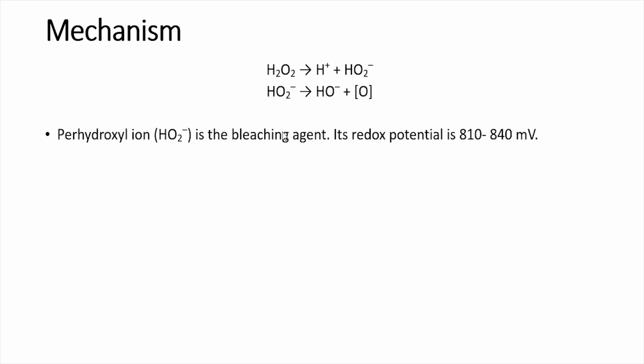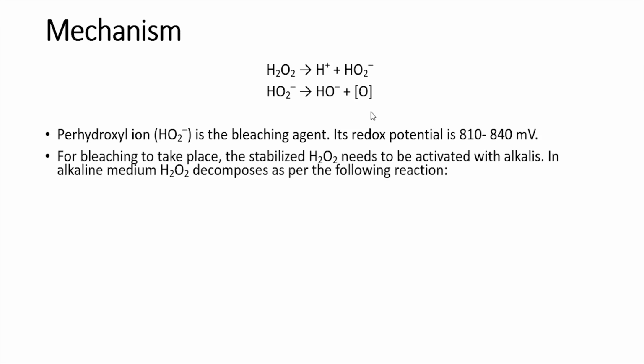The redox potential for hydrogen peroxide is around 810 to 840 millivolts. So it is lesser than sodium chloride or sodium hypochlorite. So the bleaching action is slightly lesser, and the bleaching takes place only in a stabilized condition.